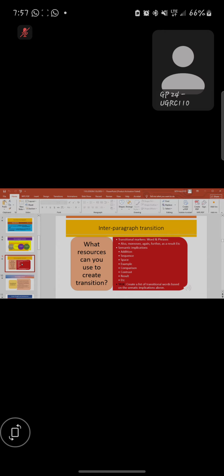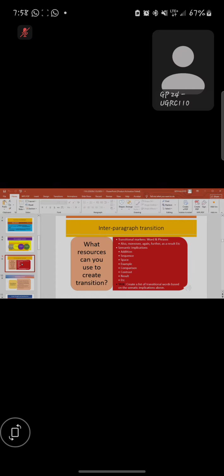We have some more we shall see. These markers, these words have been grouped in what we call the semantic implications. We have groupings like addition, sequence, space, example, comparison, contrast, results, etcetera.